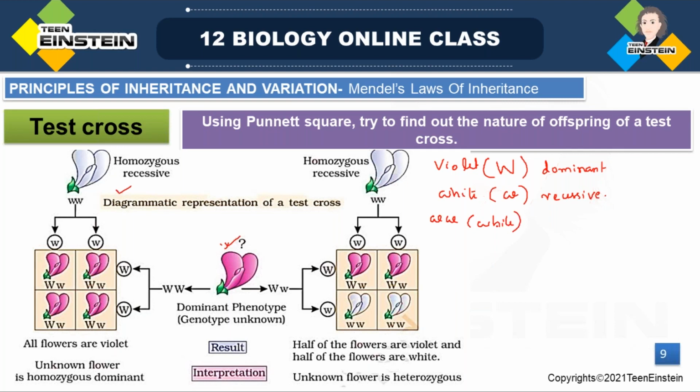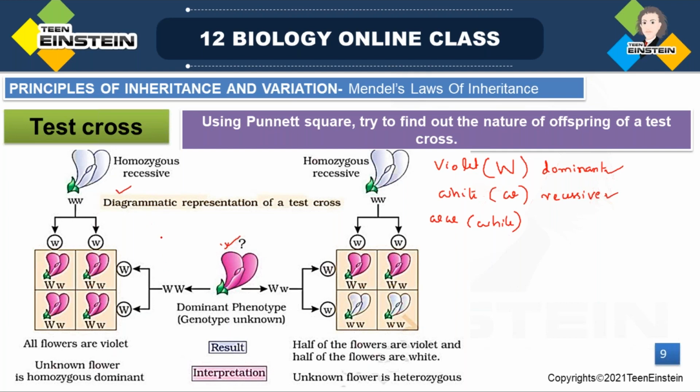Then look at this violet flower. We need to find out the genotype of this violet flower, which is showing a dominant character. Violet is the dominant character and white is the recessive character here.